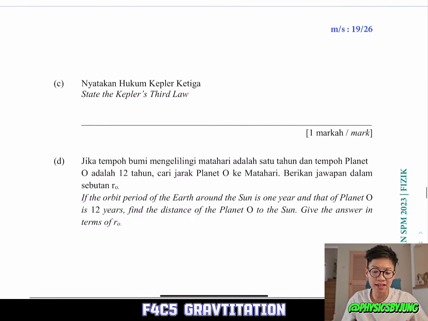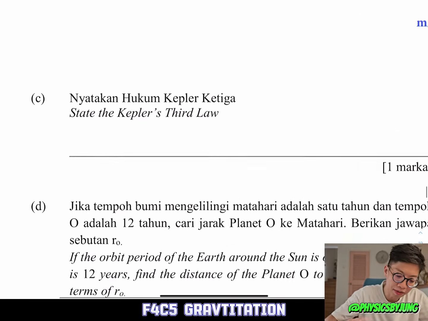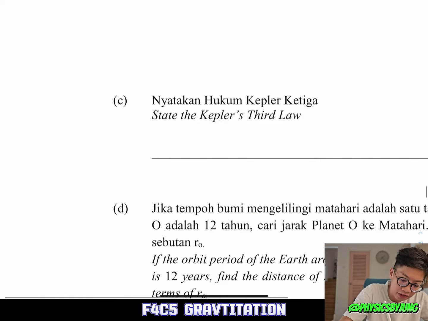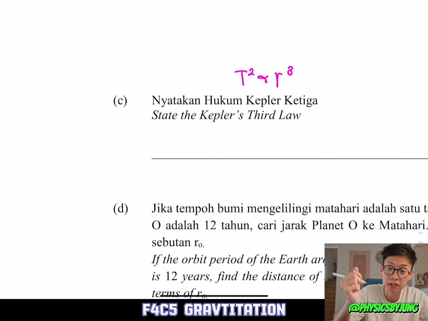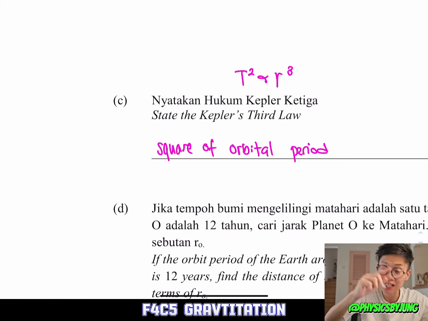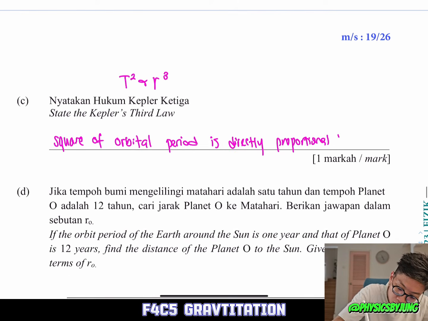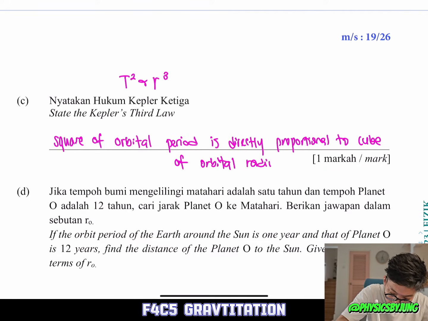Then, state Kepler's third law. So what's my Kepler's third law? My Kepler's third law is very simple. Just now I said already. It is T squared directly proportional to r cubed. So we can say that the square of your orbital period, because T squared, is directly proportional to the cube of r, which is the orbital radius.